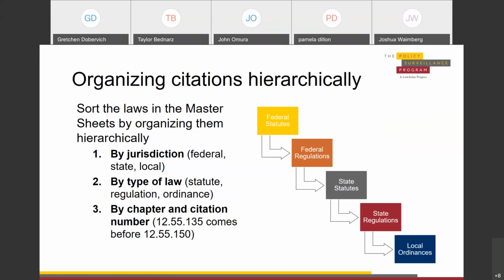Layering the law and compiling it into one master sheet document allows the legal universe for that jurisdiction to be navigated easily. The outcome of this process is the legal text that researchers will use to code answers to the questions that have been previously developed.